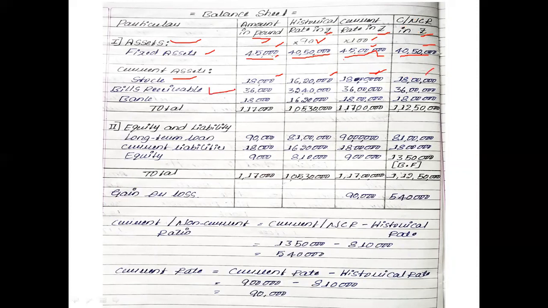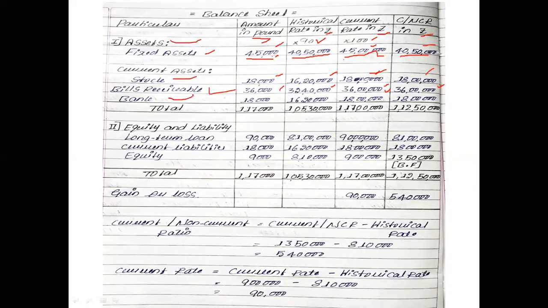Next, bills receivable is obviously also a current item. The 36,000 is in pound. We convert into rupees by multiplying by 90, so 32 lakh 40,000 rupees at the historical rate. At the current rate, 36,000 into 100 rupees is 36 lakh. Bills receivable is a current item, so it should be taken at the current rate in the current and non-current column.